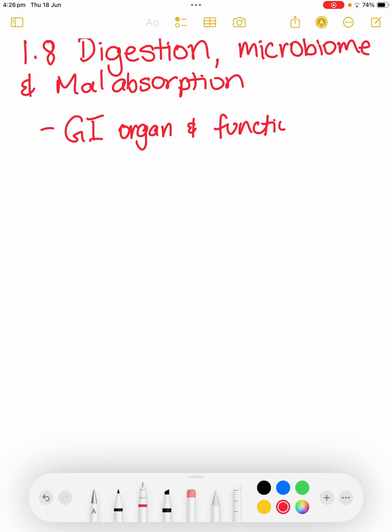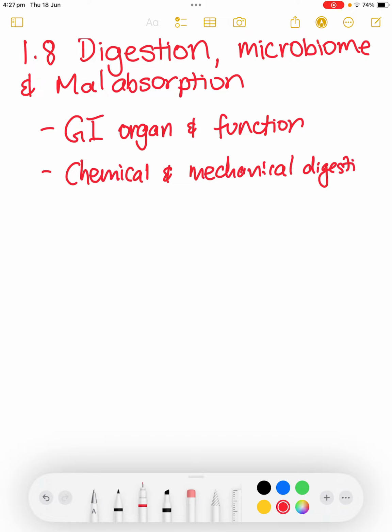We're also going to look at what chemical and mechanical digestion is. We're also going to look at absorption in the villi. We're also going to look at the gut microbiome.